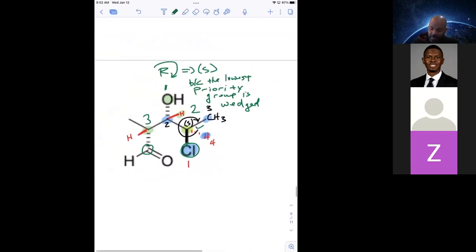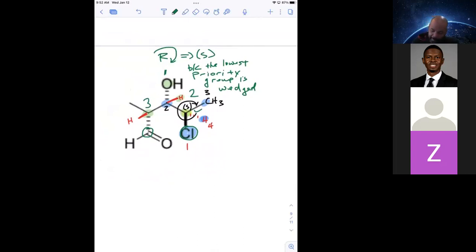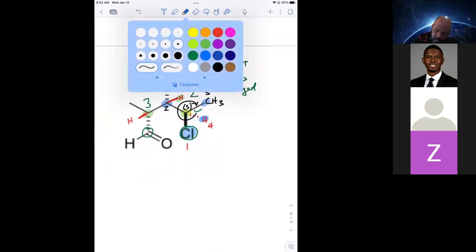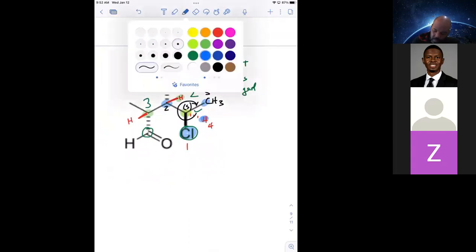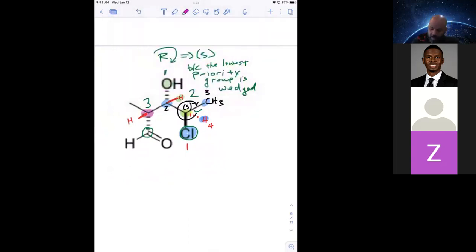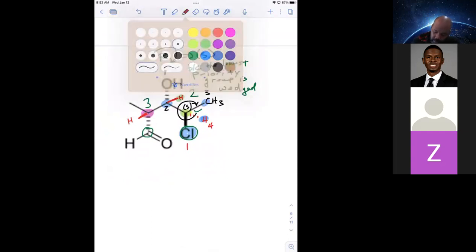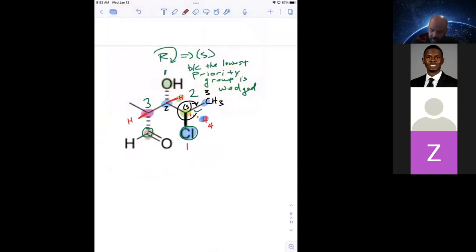Let's do the last one and then we got to stop. So let's do this one right here. What are the groups attached to that? The carbon at the bottom. Carbon right here, is that right?